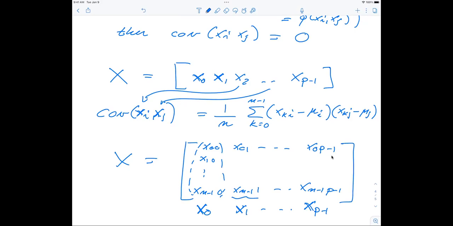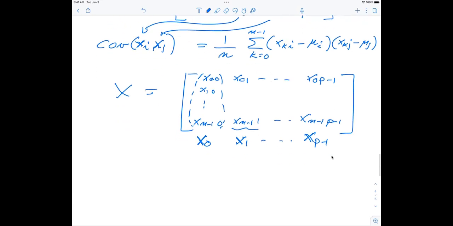So the covariance for these two vectors is now defined by this sum here. And then it's easy to see that the covariance can actually be written out as, and now I'm just writing, I'm going to let this x i x j between two different components, I'm going to let this be the covariance of the matrix X. So I'm going to use a shorthand notation, and this is going to contain all the column vectors which we have.